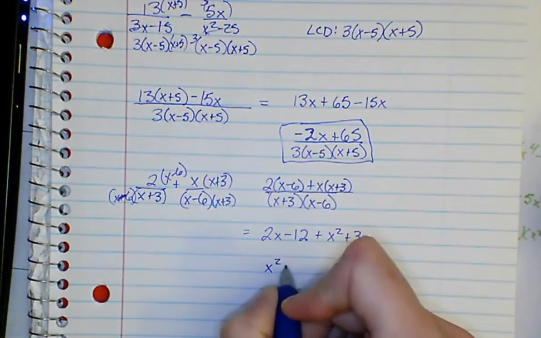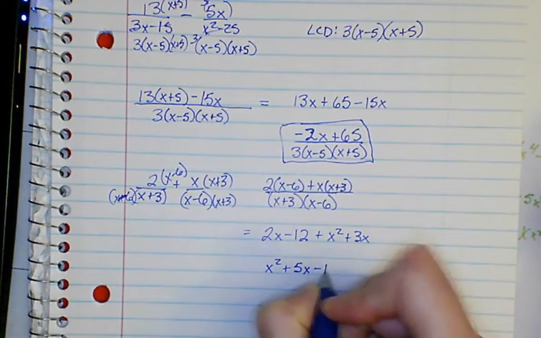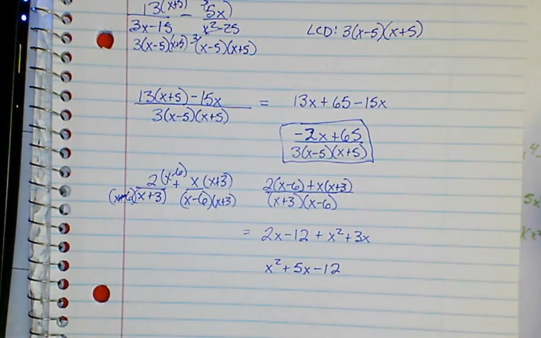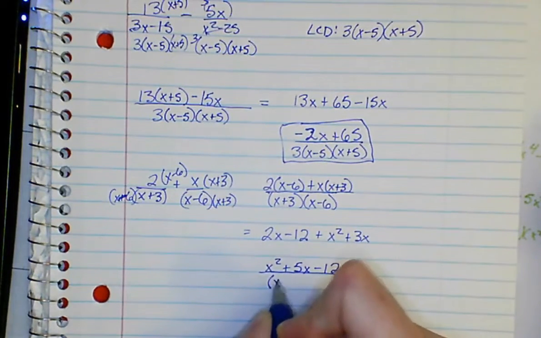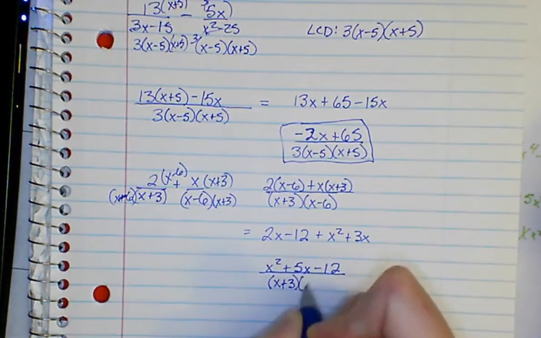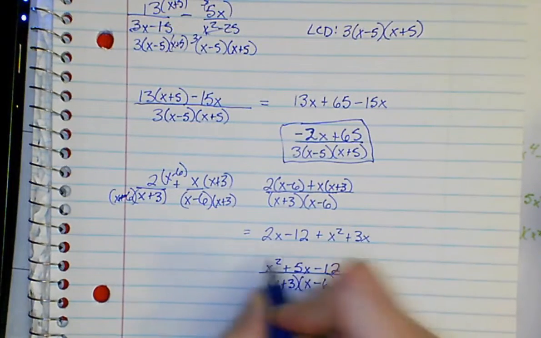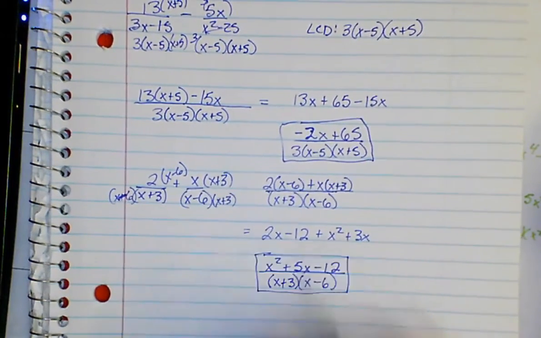I'm going to add like terms. Factors of 12 that add to 5, there are not any, because you have 1 and 12, 2 and 6, 3 and 4, so none of those add to 5. So that is prime. And then we write our denominator so that we have a rational answer.